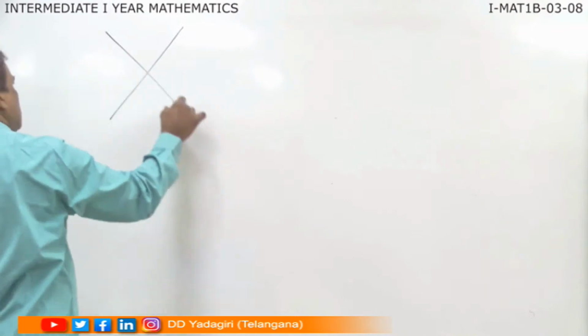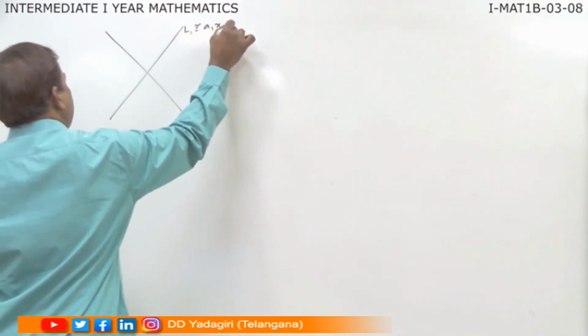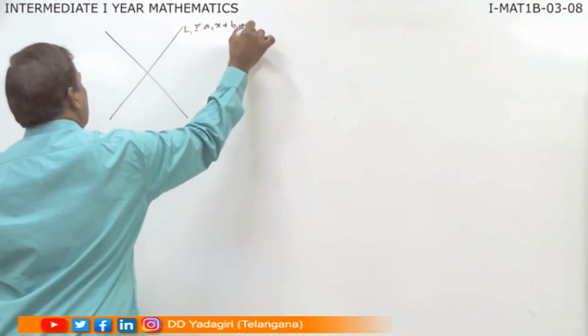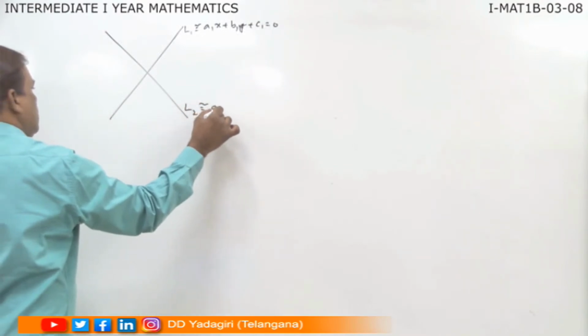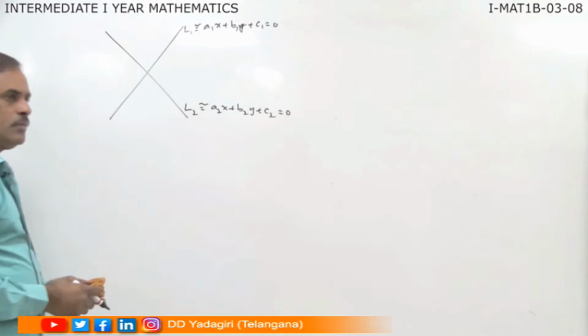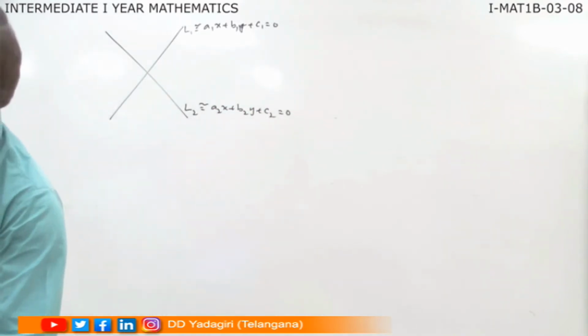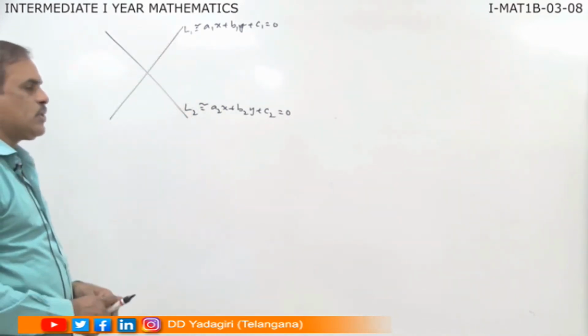The other one is L2. L1, the equation of which is a1x plus b1y plus c1 is equal to 0, and this is L2, which is a2x plus b2y plus c2 is equal to 0. Now I'm going to find out the point of intersection of these two lines.